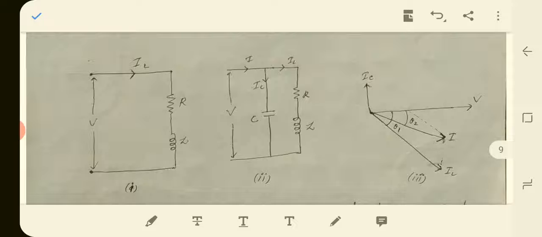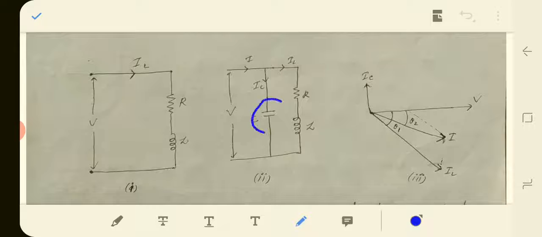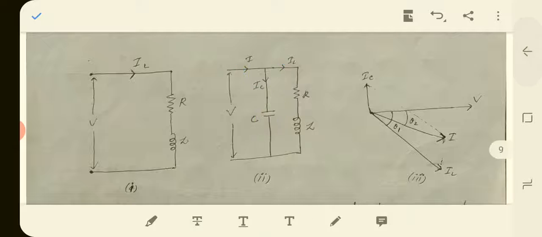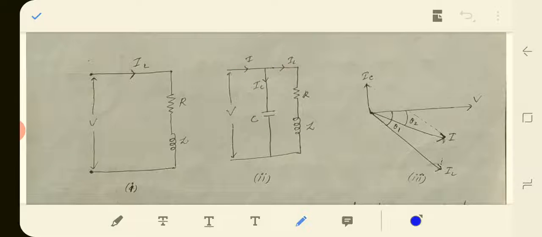Now we connect a capacitor in parallel with this RL load. The current coming from the voltage source is I, the load current is IL, and the capacitor current is IC. As we know, in a capacitor the current leads the voltage.